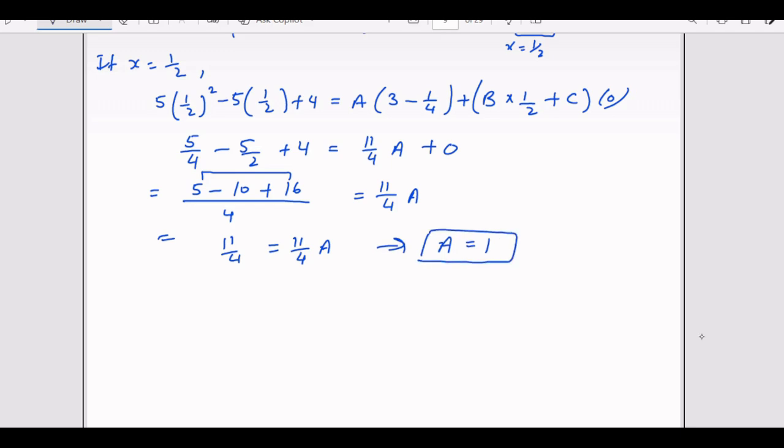Now we equate the coefficients of x². Previously I said I will not be using the second method, but sometimes we have to combine them.